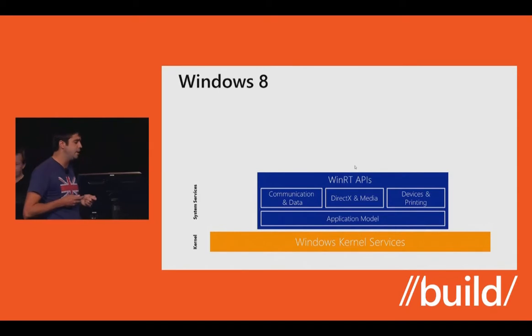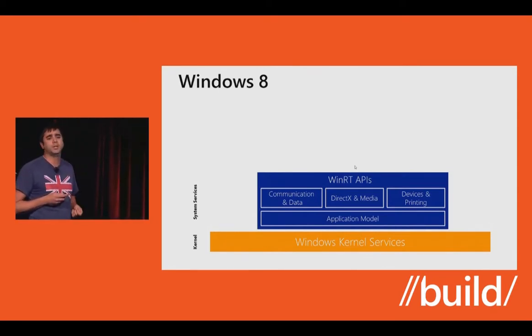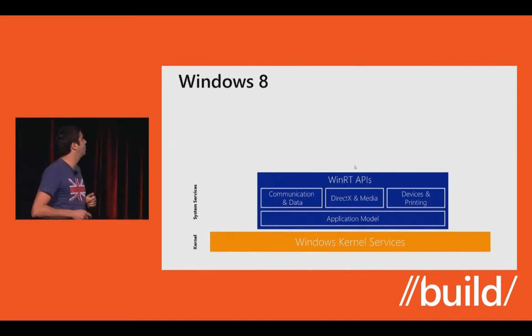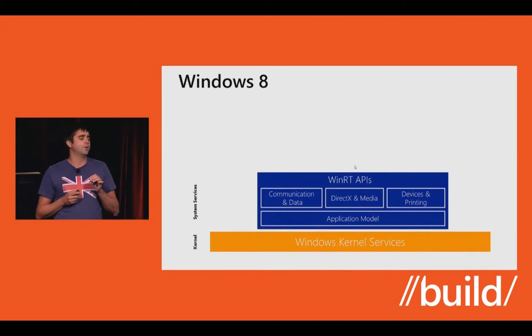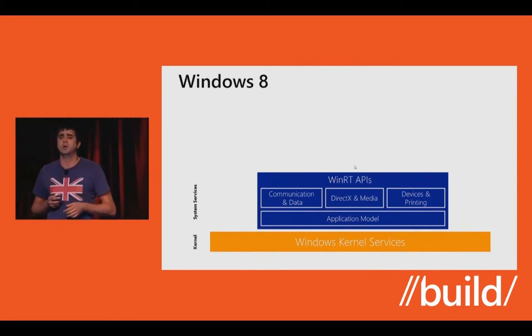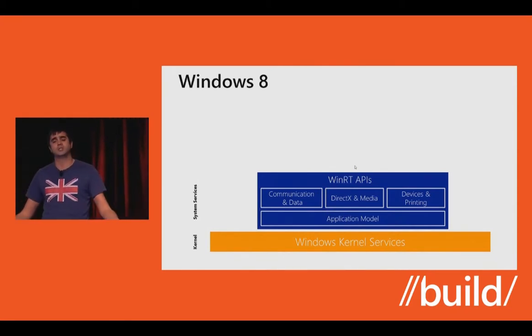And WinRT is a new modern API surface that you use for building your Windows Store apps. There are tons of APIs in WinRT, and we'll talk more about those as we go through this talk. But the key thing to realize with WinRT is we chose not to just choose a single programming language like C. We decided instead to build a system that can support all the programming languages that we wanted to.